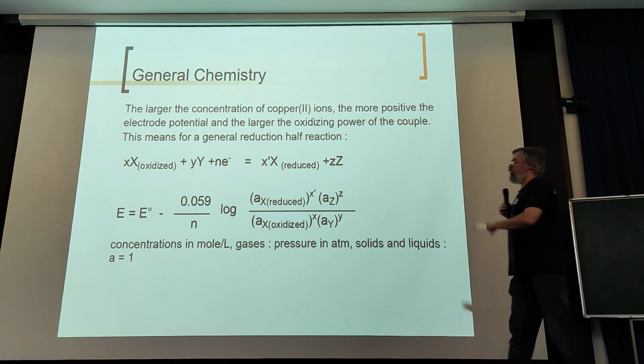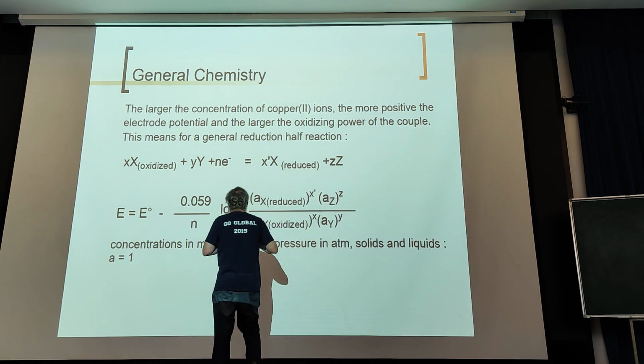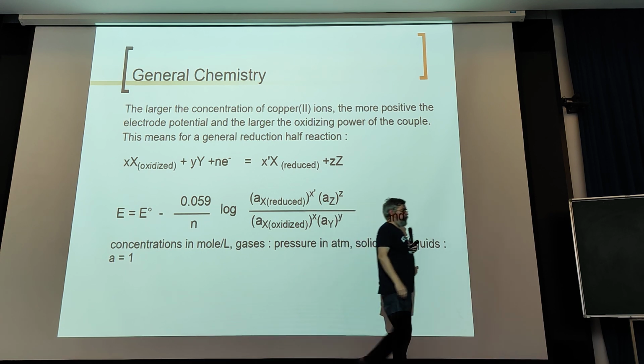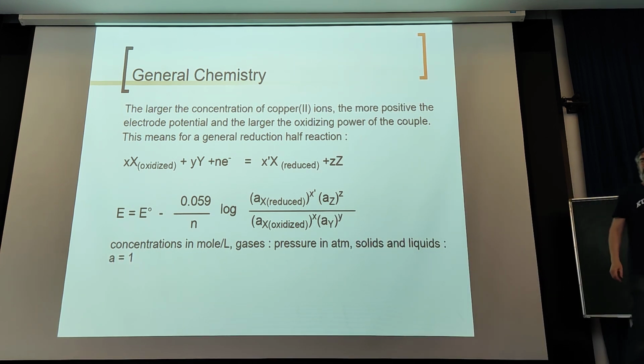Anyway, in general, we can make an expression like that, reformulate the Nernst equation, and in general, for the changeable concentration, we can say A is the concentration. But for the non-changeable ones, we can just put A is 1.